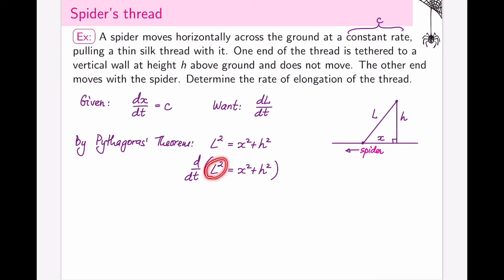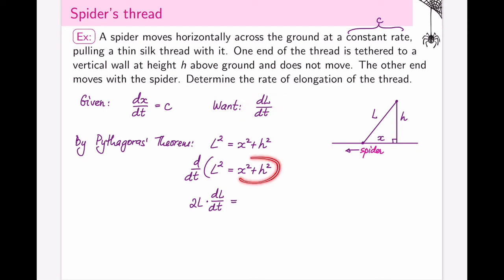So what do I have on the left-hand side? L squared. The derivative of L squared is 2L. And of course, L itself is a function of time, so I have to follow this up with dL by dt, which is great because that's in fact the value that we want.